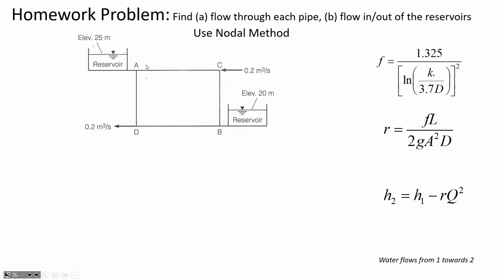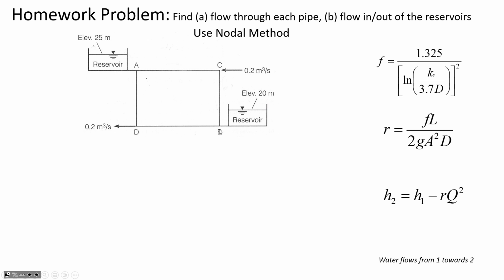One thing we do know is, let me just do a quick sketch of the system on the board here. So we've got our reservoir connected to junction A. We do know that the water is going towards junction A from the reservoir. Why do we know that? Well, because it's going to go from this tank towards this other one, from high head to low head.